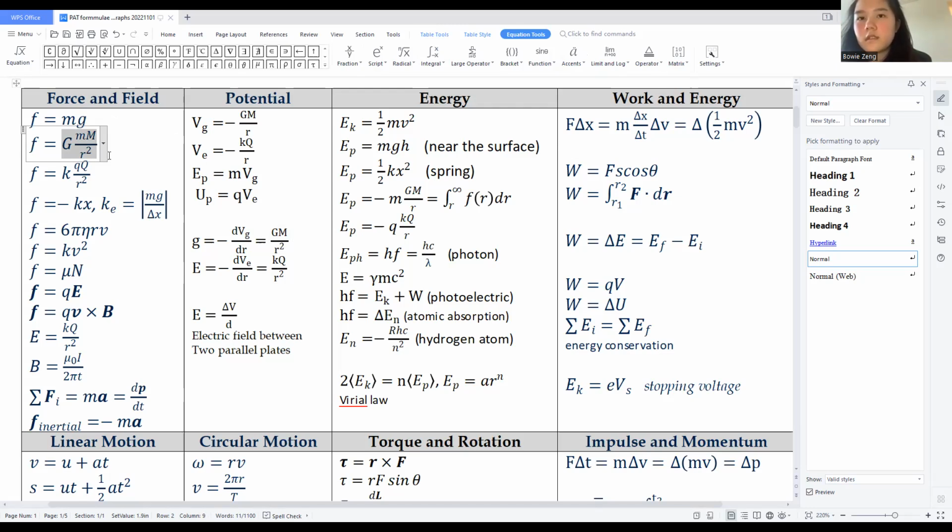You'll be asked about it, I think with high probability, when dealing with gravitational force. And mathematically speaking, this form is similar to the Coulomb force. These forces are all inversely proportional to r squared.